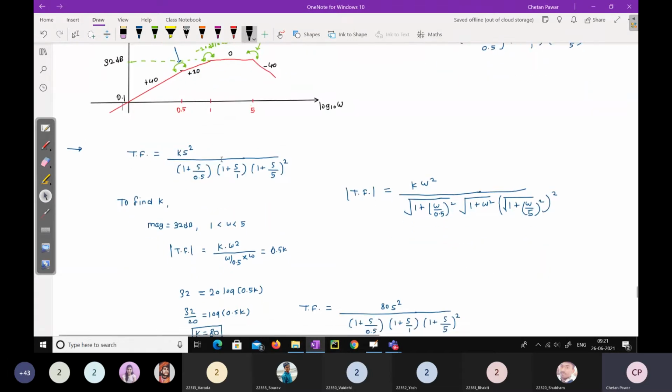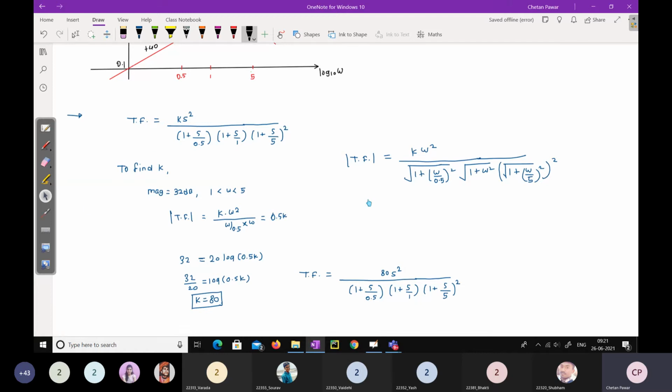Here you can see how many corner frequencies there are: 0.5, 1, and 5. Out of these three, how many are greater than 1? Only 5 is greater than 1. So from this term I will take only 1.